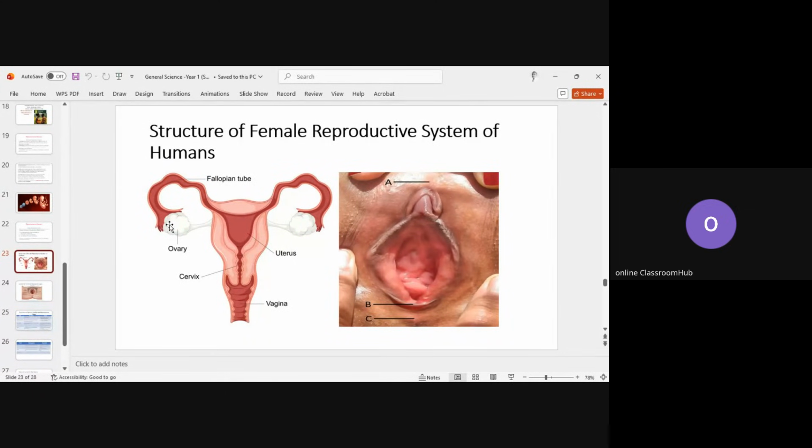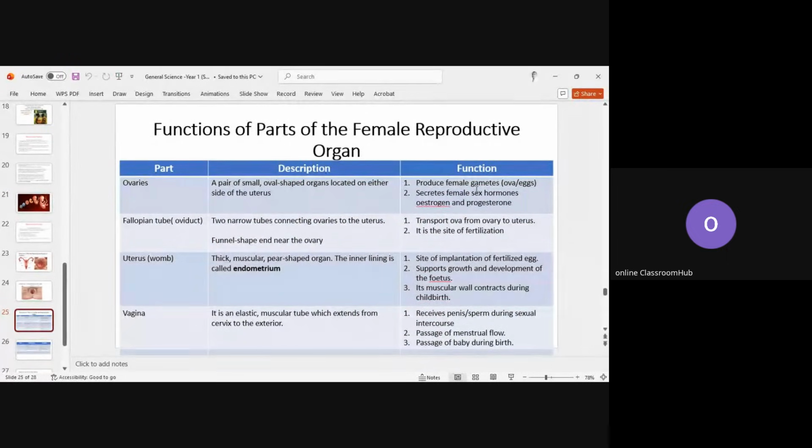Their function is to produce female gametes, that is the ova or eggs. Number two is to secrete female sex hormones, estrogen and progesterone. These are two female hormones that control menstruation, the release of eggs, and all that. They are produced in the ovary.